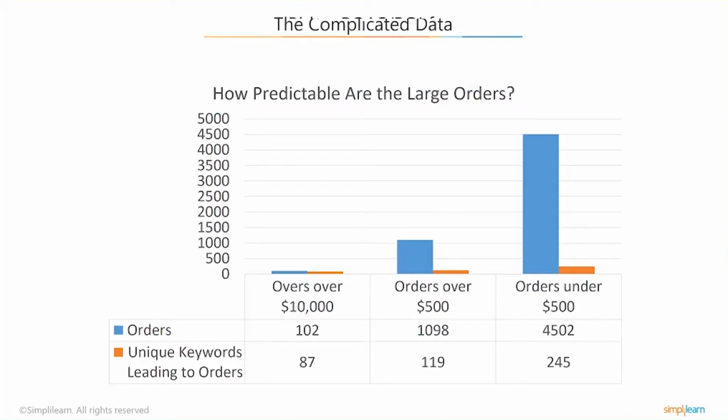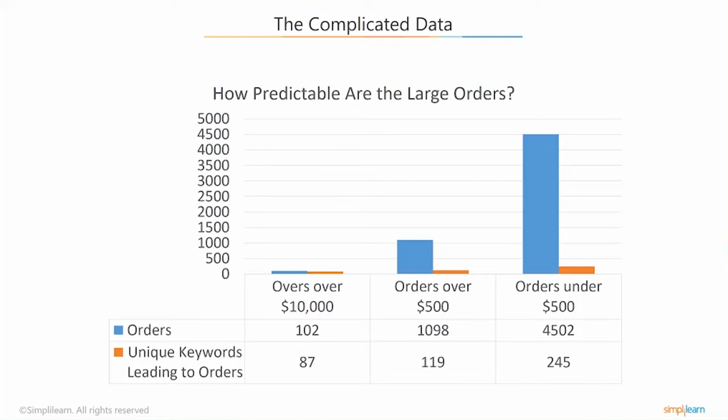So this company has quite a few different products they sell, but when they sell them, they generally fall into one of two big buckets. One, a small purchase order. Orders under $500. That's 4,500 of their orders. Orders over $10,000, right, which makes up a whole lot less than those $500 orders, and they only got 102 of those per month.